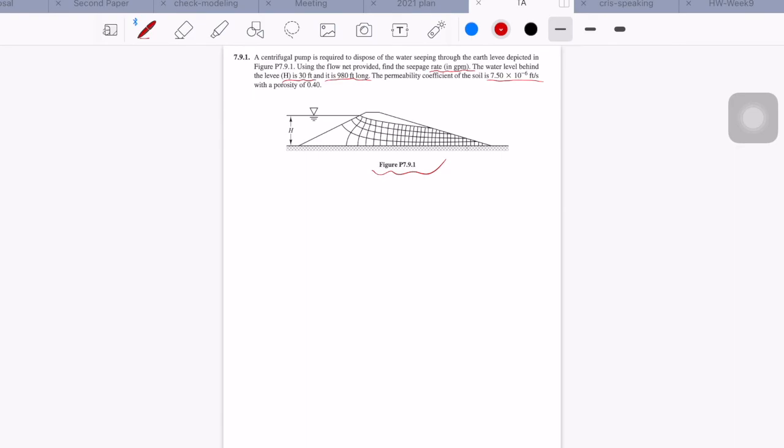To solve this problem, we will apply equation 7.56 in the textbook, and we know the Q should be equal to the K times M divided by the N times H. And from this problem, we know the K is 7.5 times 10 to the power of negative 6 feet per second.